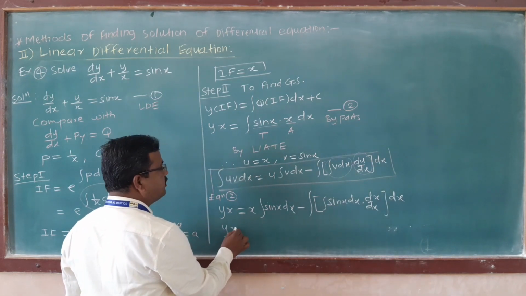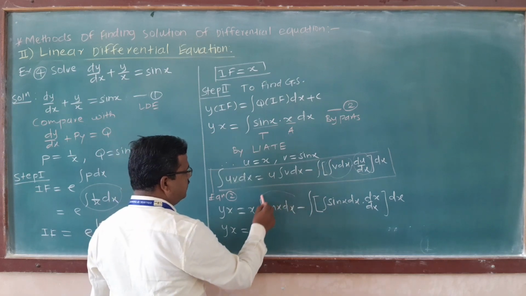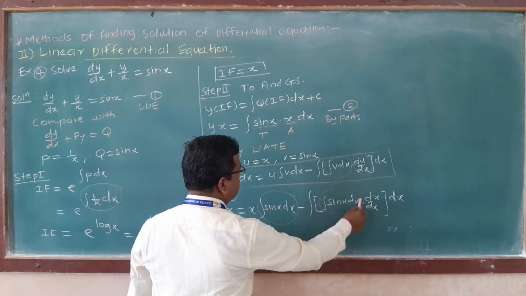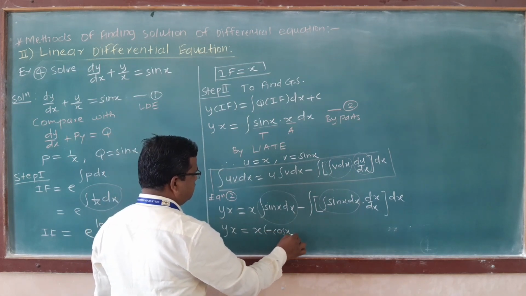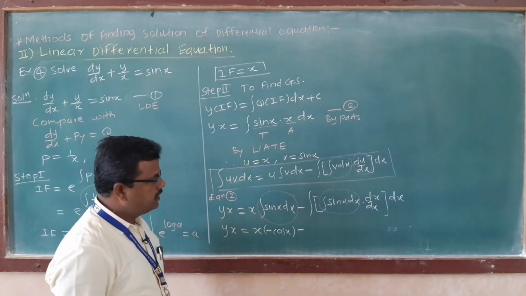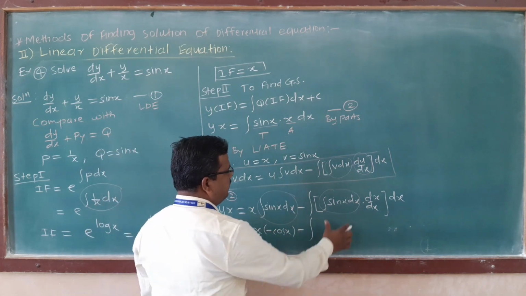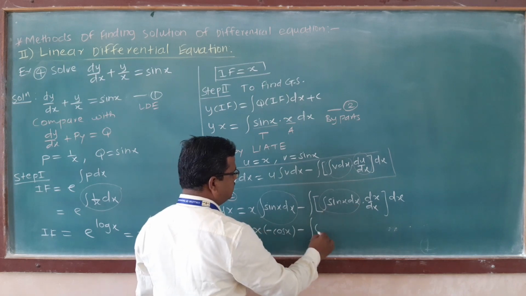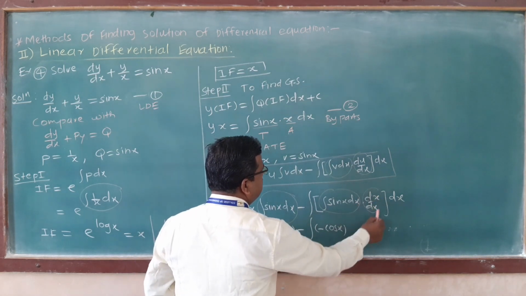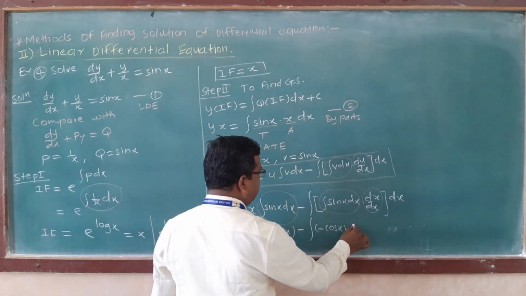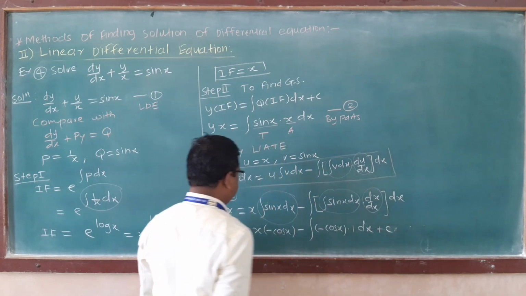So this is y into x is equal to x into integration of sin x, which is minus cos x, minus integration of, again integration of sin x, which is minus cos x, into the derivative of x, which is 1, with respect to x, plus c.